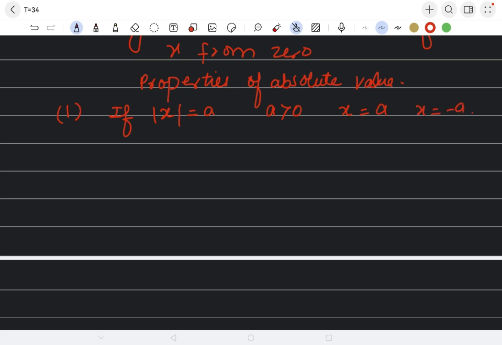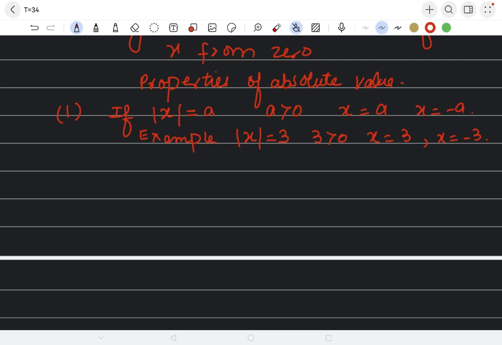Let me give you an example. For example, if my absolute value is equal to 3 and you know 3 is greater than 0, then how do I have to write my answer? I can write X is equal to 3 and X is equal to minus 3.